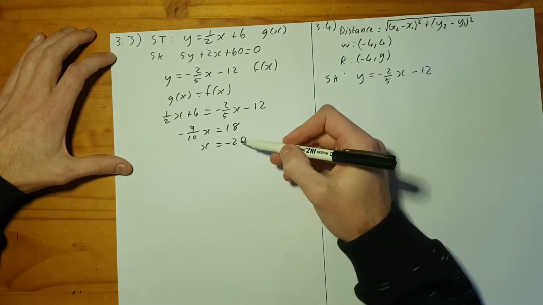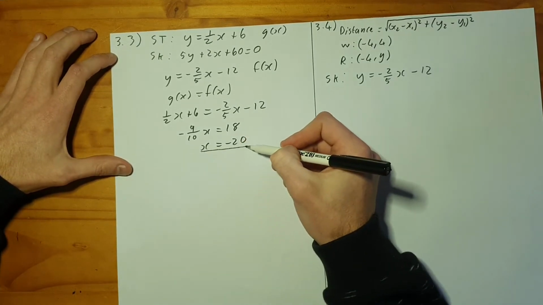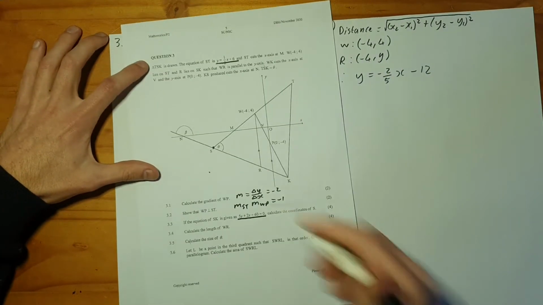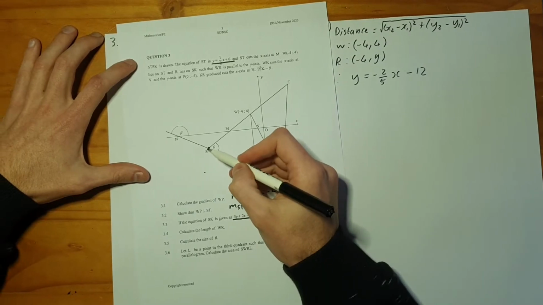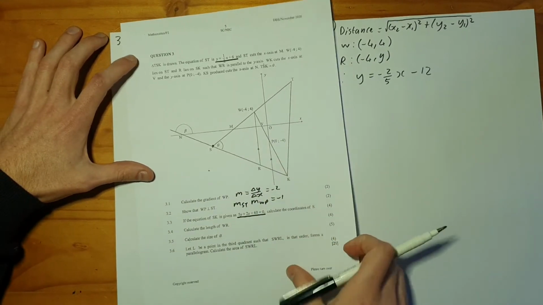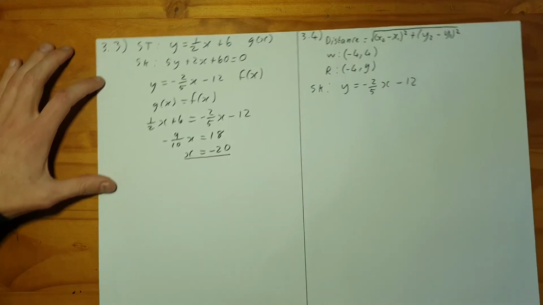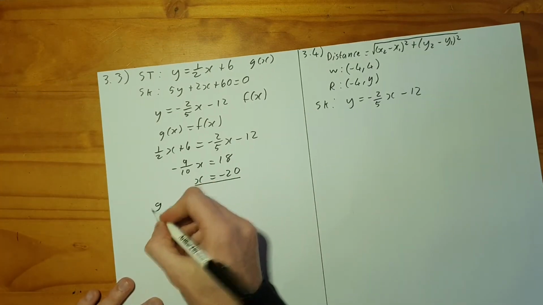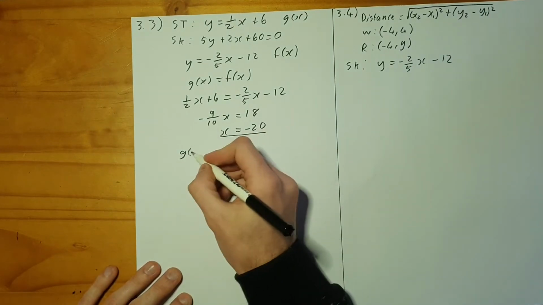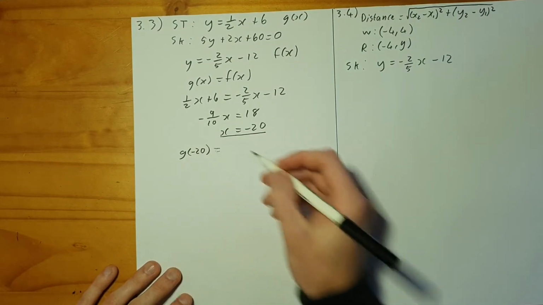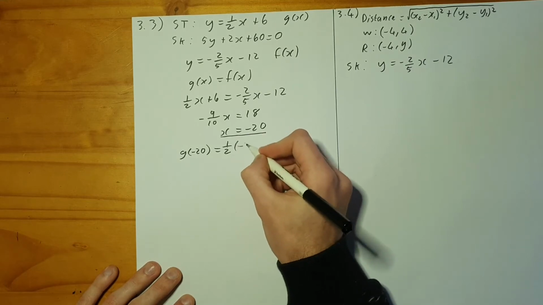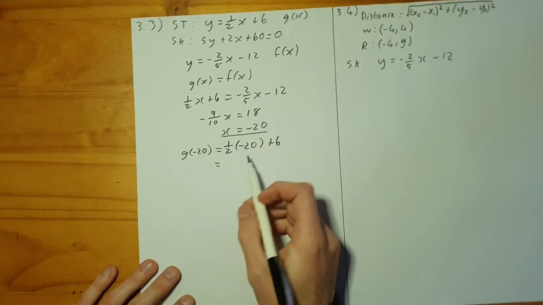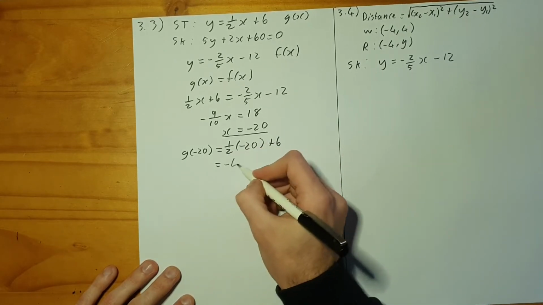Now that we have the x value, this is the x value for S. Because the two lines intercept over here and we have the x value, we can plug it into any one of the equations and it'll give you the y value. So I'm going to use the equation that was given, g of x. So I'm going to find g of -20, which is a half of -20 plus 6, which is going to give me -4.